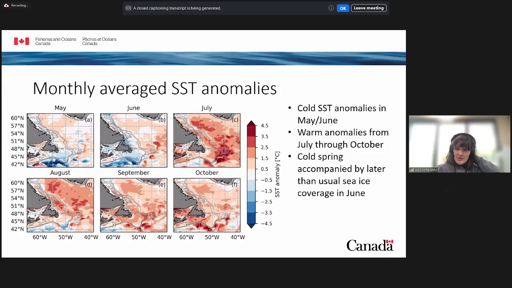Although not shown here, those cold spring conditions were accompanied by some unusual ice conditions as well, where there was sea ice coverage that was stronger than usual, but later in the season, and there was still ice cover in June.